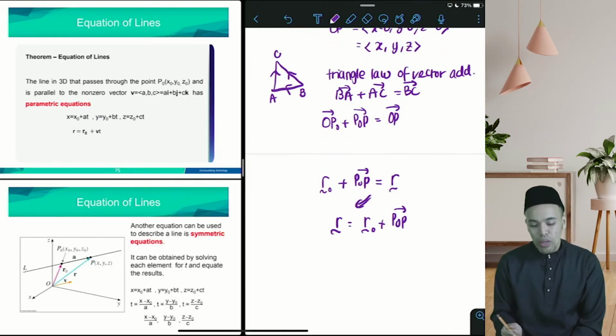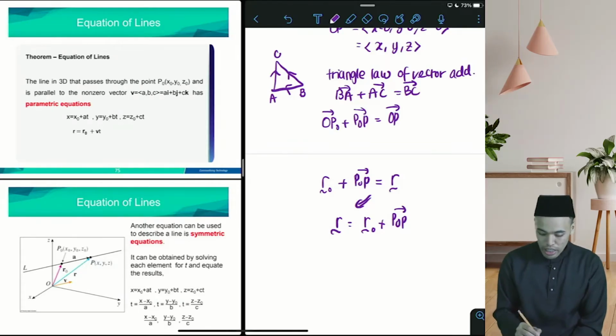According to the illustration, vector P0P is labeled as vector A. So I can have R0 plus vector A.